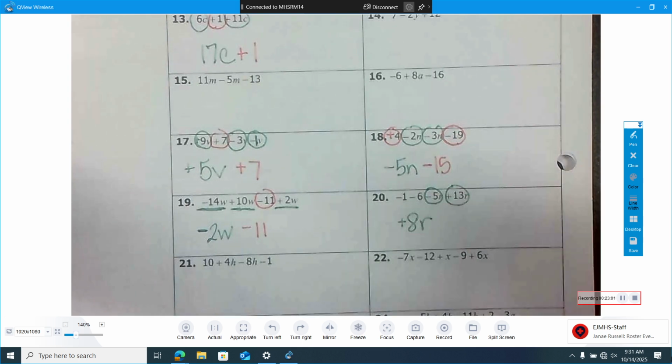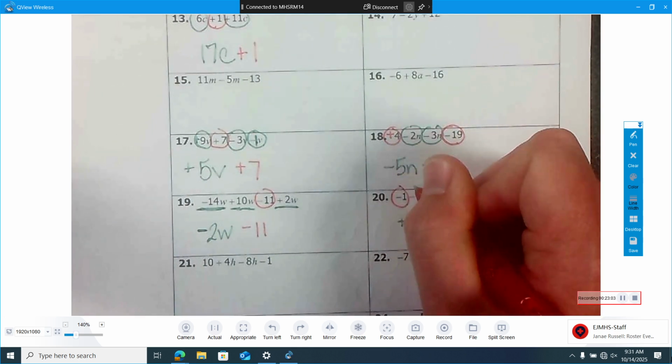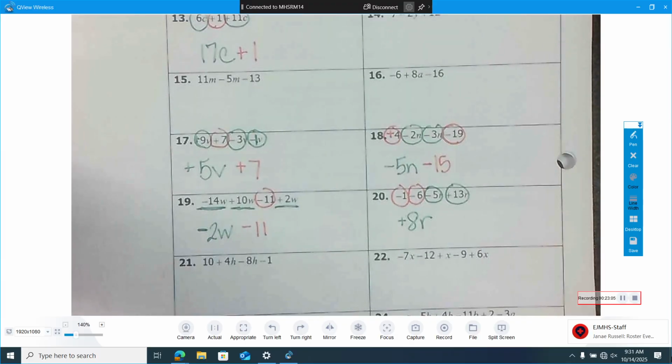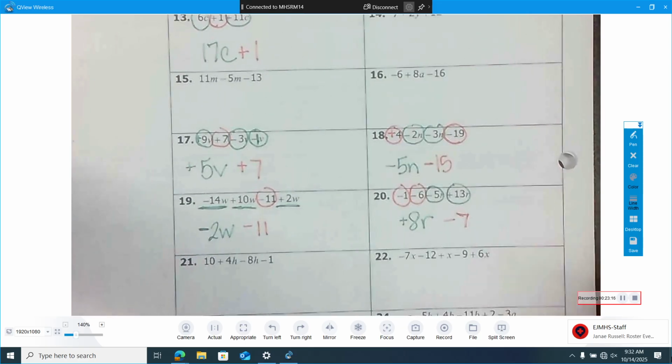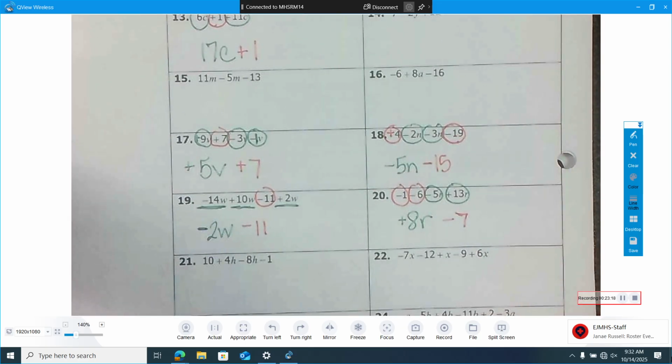And then our constants. We have a -1 and a -6. That's a whole lot of negatives. Do they go to war? No, they join forces. They get stronger. So how many negatives are there? There's 7 negatives now. They have combined forces. Okay.